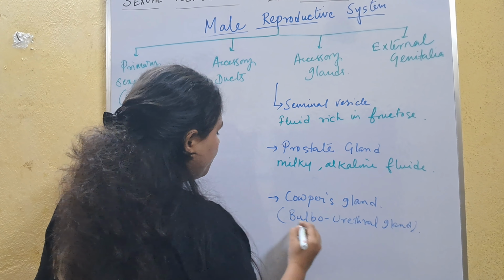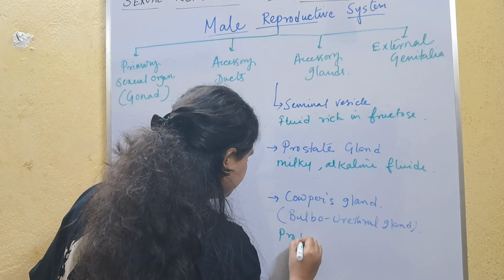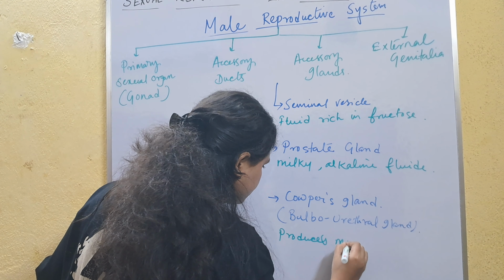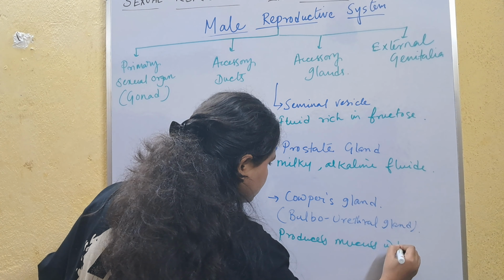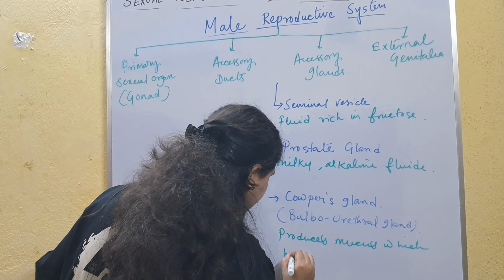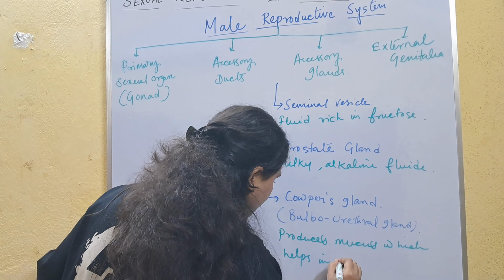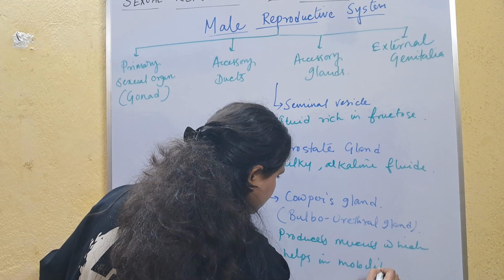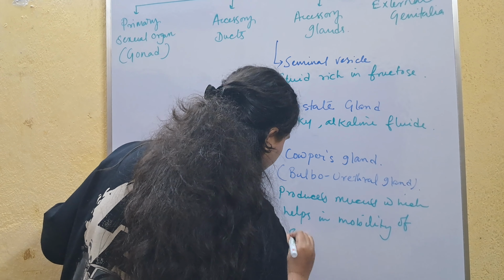The next one is Cowper's gland. It produces mucus which helps in mobility of sperm.